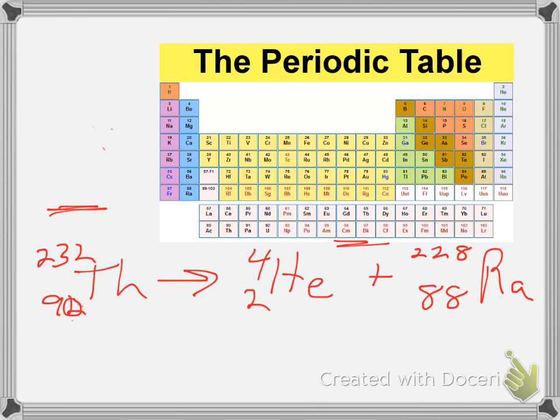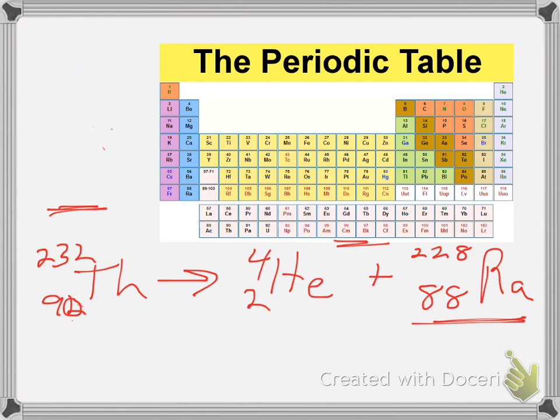And so you can have a whole chain of these reactions taking place. So now I'm going to use the radium here to show you a beta decay. So I'm going to go to the next page, and I'll put radium on there. And that was 228, 88.